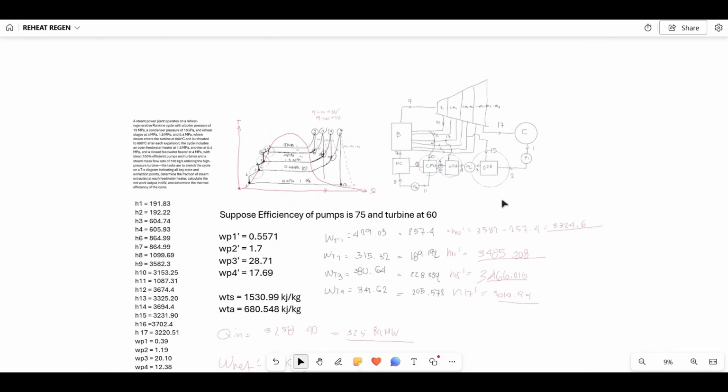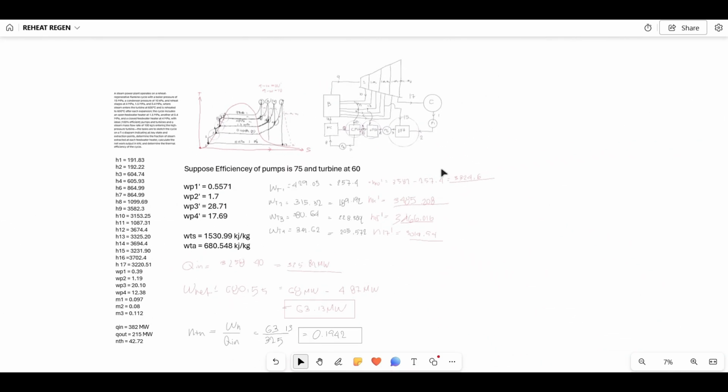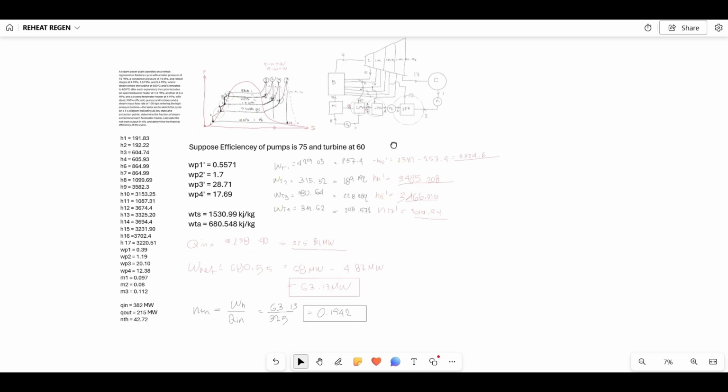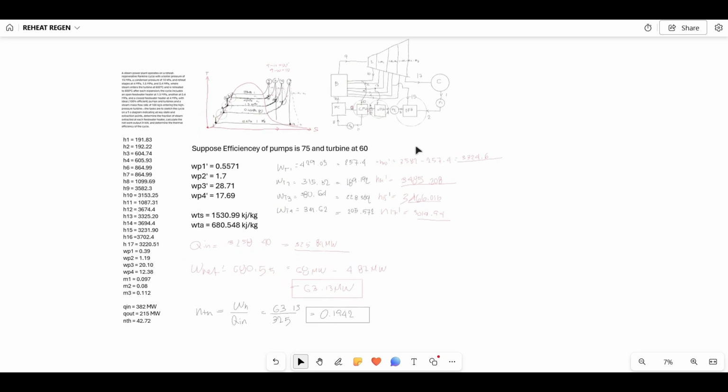But sometimes, due to better engineering, the masses do not change. Even in actual, we calculate for the pressure loss and the temperature loss of the pipes and whatnot. But for now, we are going to delve more on the theoretical part of reheat and regen of thermodynamics 2.